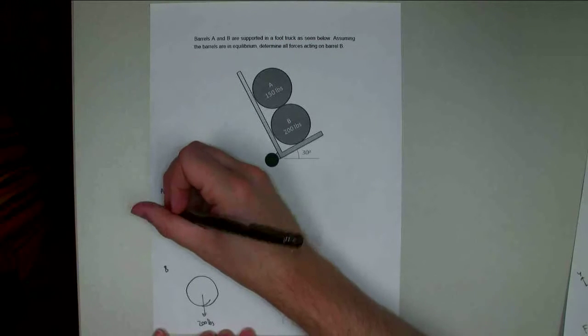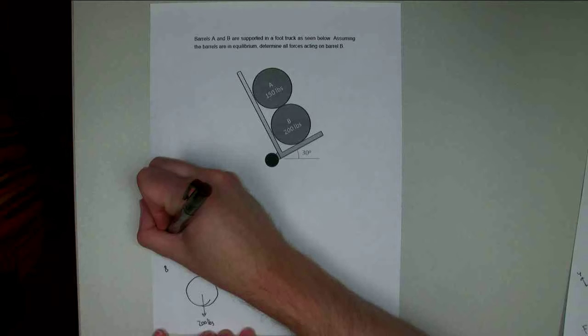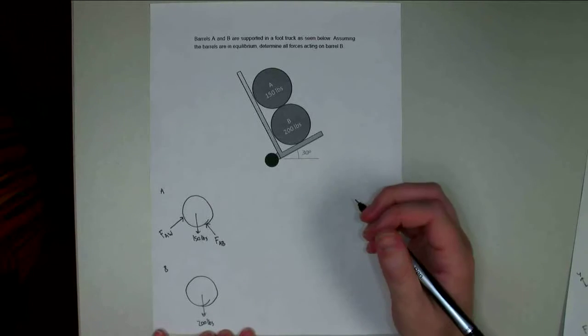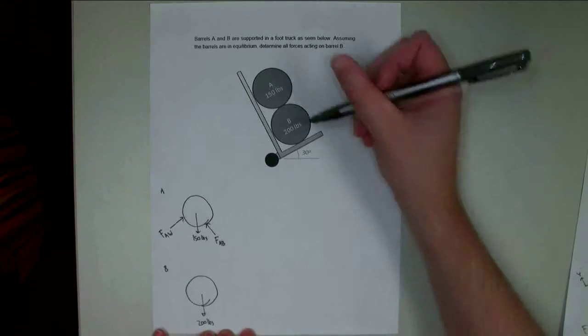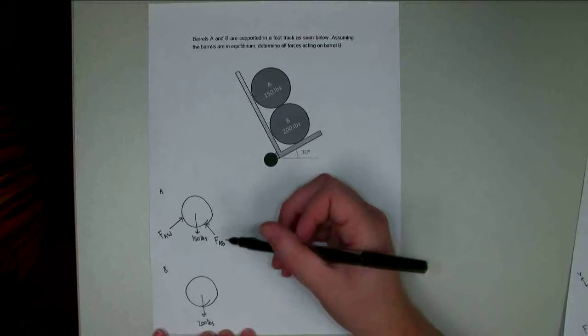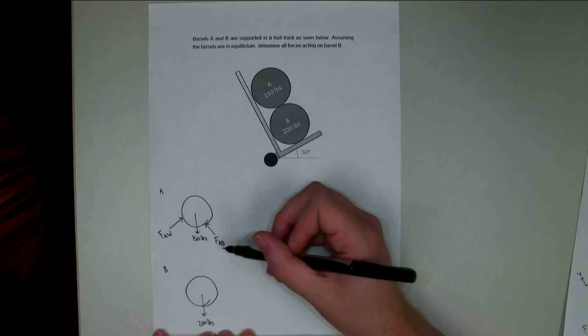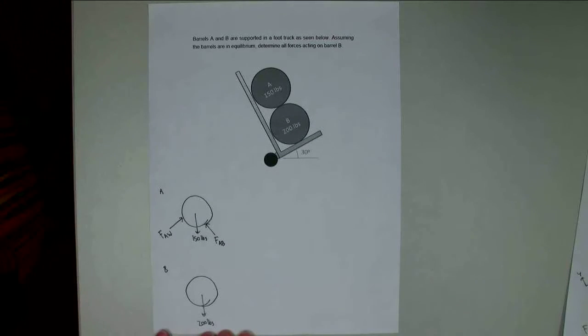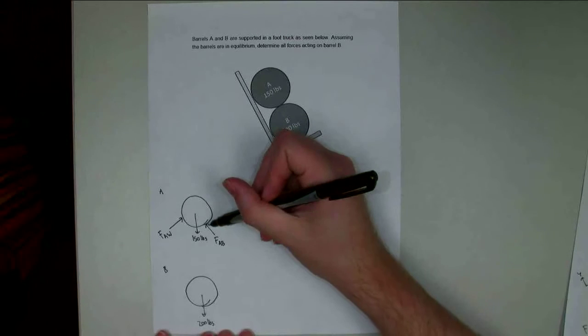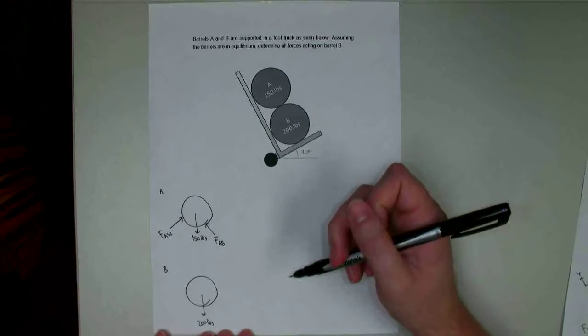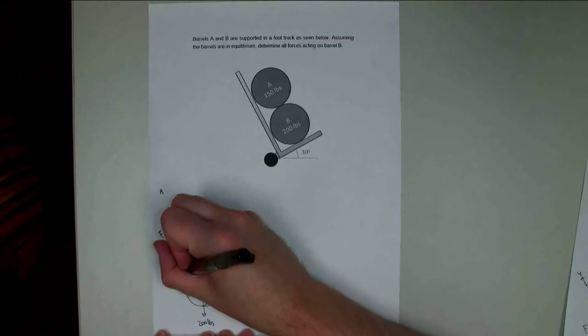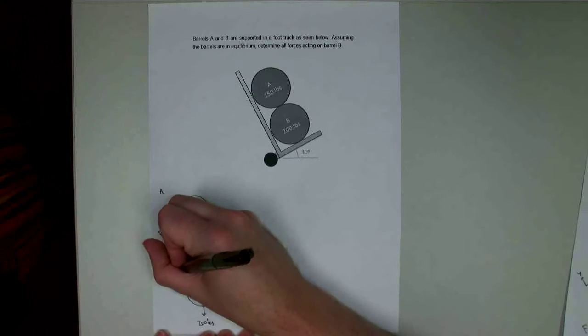I'm going to call this one FAW. Alright, looking down at barrel B, I'm going to have an equal and opposite force. These two bodies are in contact. Newton's third law says that if I've got FAB pushing up on barrel A, it needs to be pushing down on barrel B. Same magnitude.